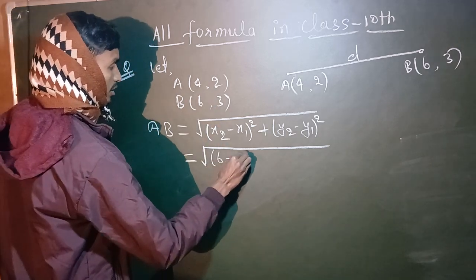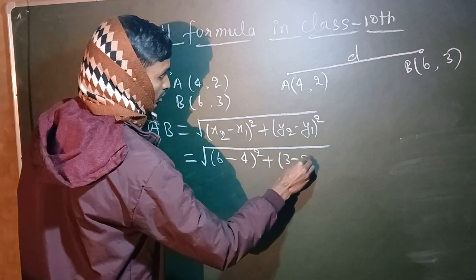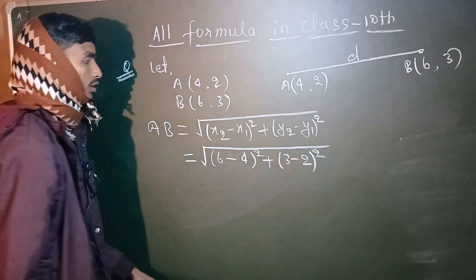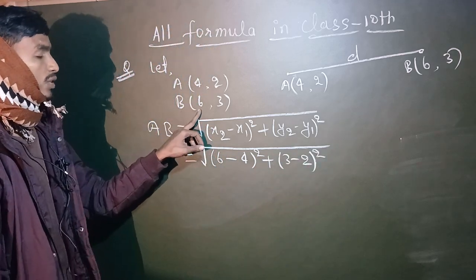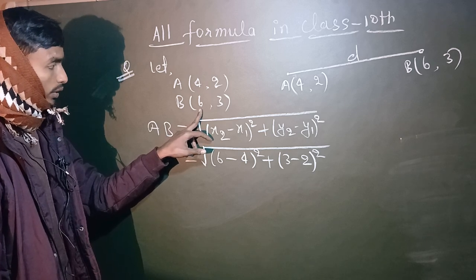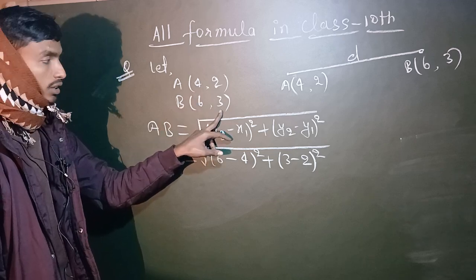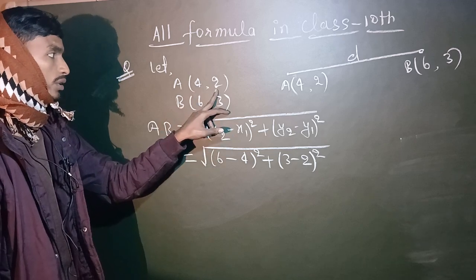6 माइनस 4 का स्क्वायर प्लस 3 माइनस 2 का स्क्वायर. This value is x2, this value is x1, this value is y2, this value is y1.